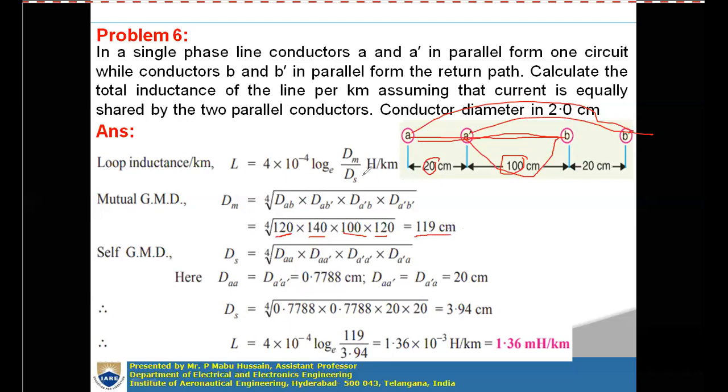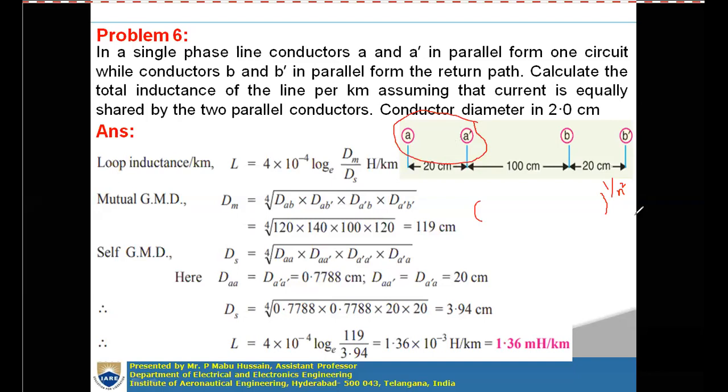Next, you have to determine the DS, the self GMD. To calculate the self GMD, you consider any one phase. If you consider phase A, here you have two conductors. You take the product of self distances of all the conductors of phase A, whole to the power of 1 by n square, where n is the number of conductors in that phase.